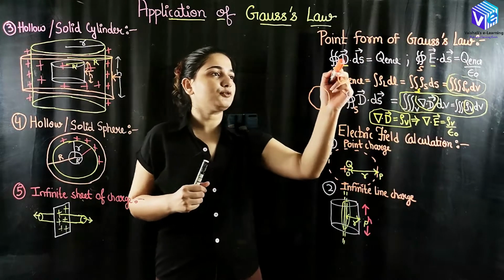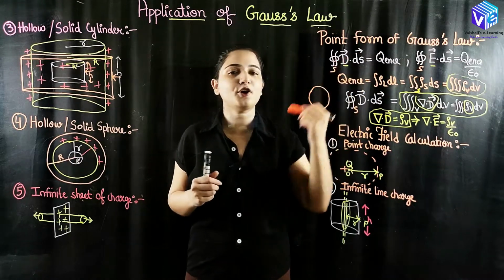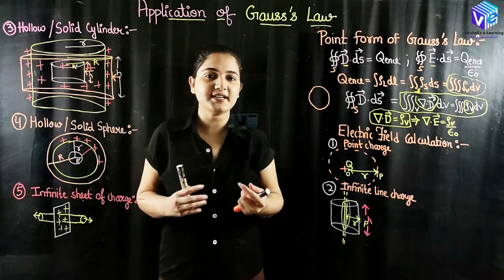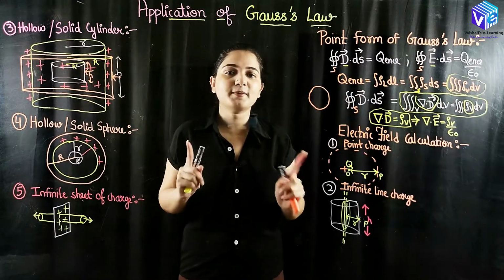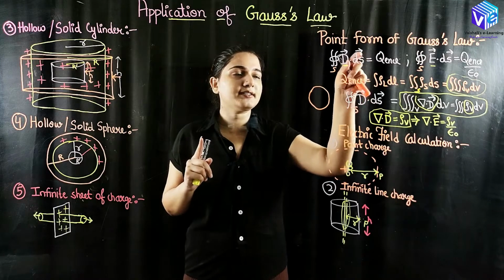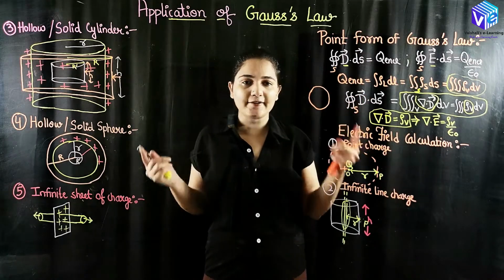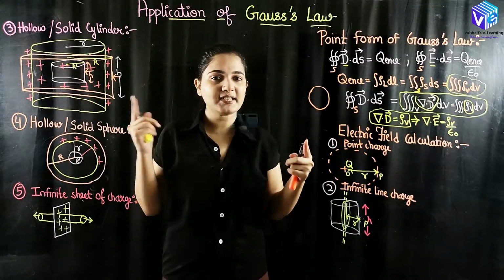It is equated to the surface integration of D dot ds. Here I have volume integration, here I have surface integration. Both cannot be equated, so I have to convert this surface integration into volume integration. I know the divergence theorem, which I discussed in the previous video.